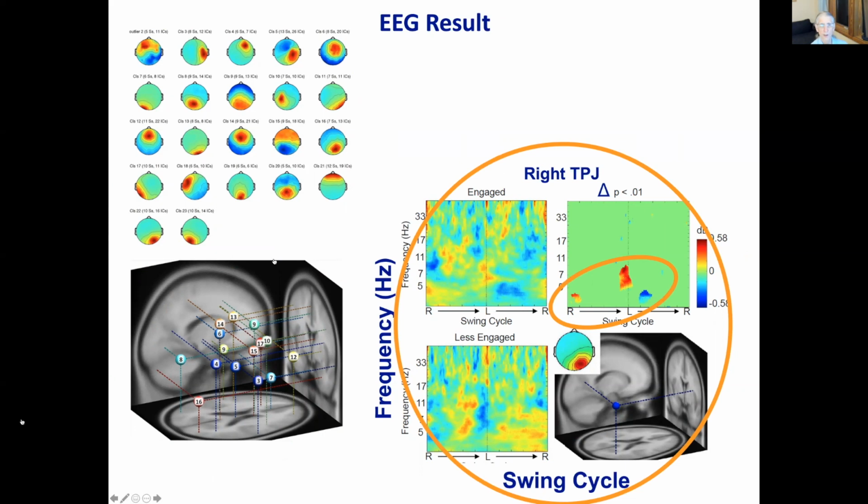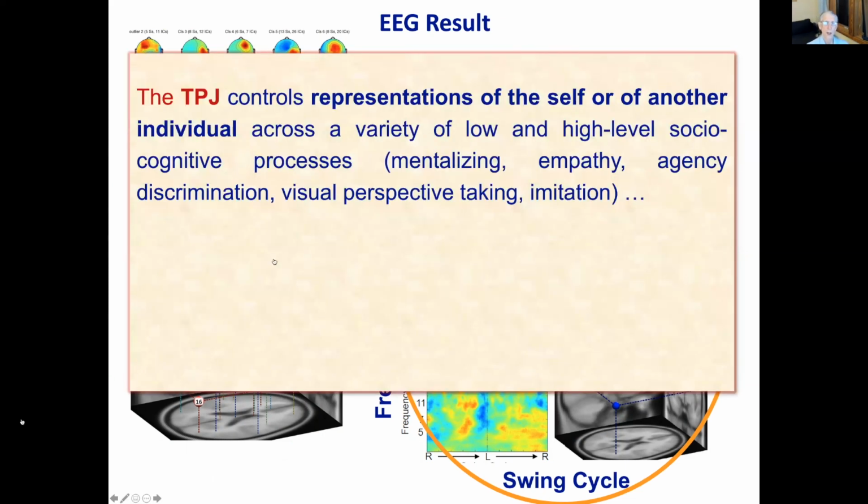So we looked again in the fMRI literature and in the neuroscience literature, and we find that the temporal parietal junction in general controls representations of the self or another individual across processes like mentalizing, empathy, agency, discrimination, visual perspective taking, imitation, and so on.